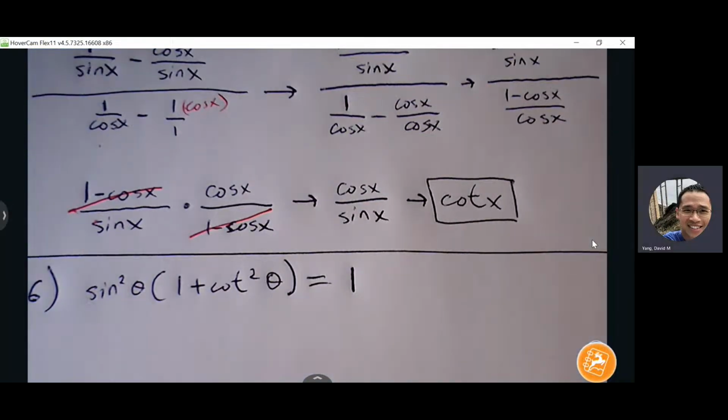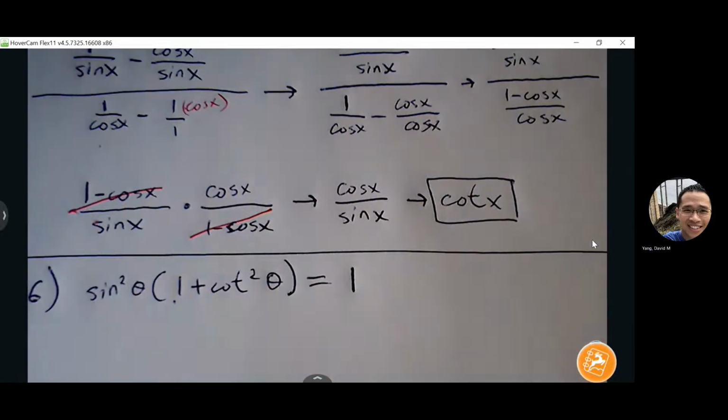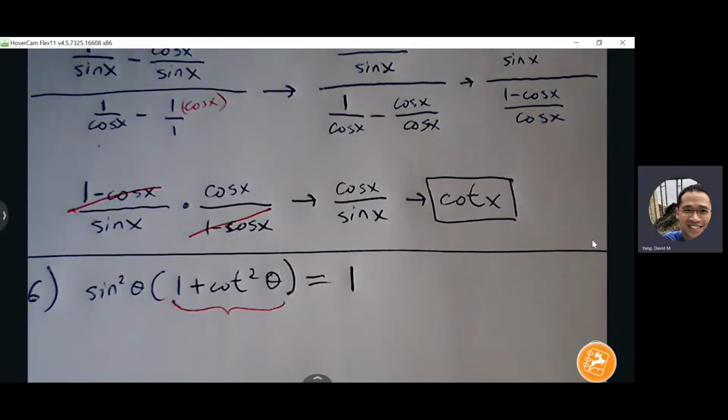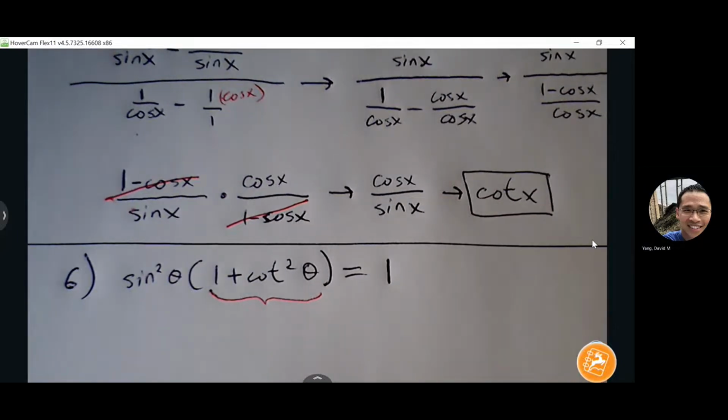All right, anything stand out? Yeah, I see an identity here. Okay, what's 1 plus cotangent squared equal to? Cosecant squared.